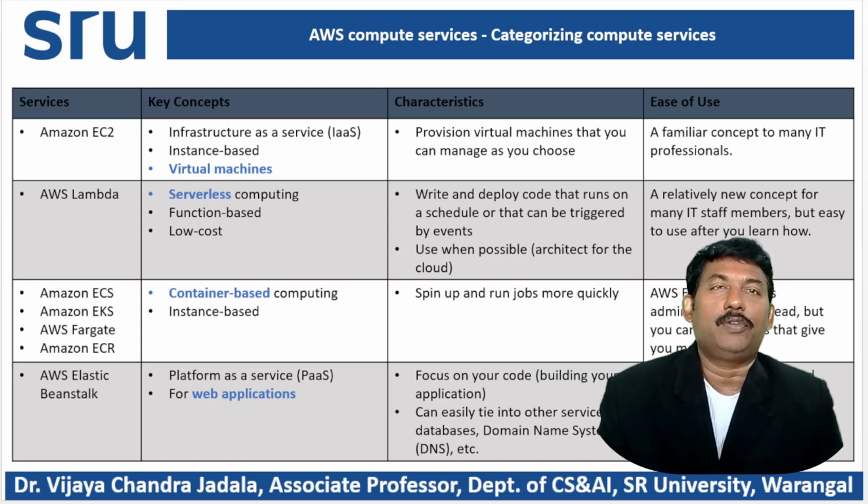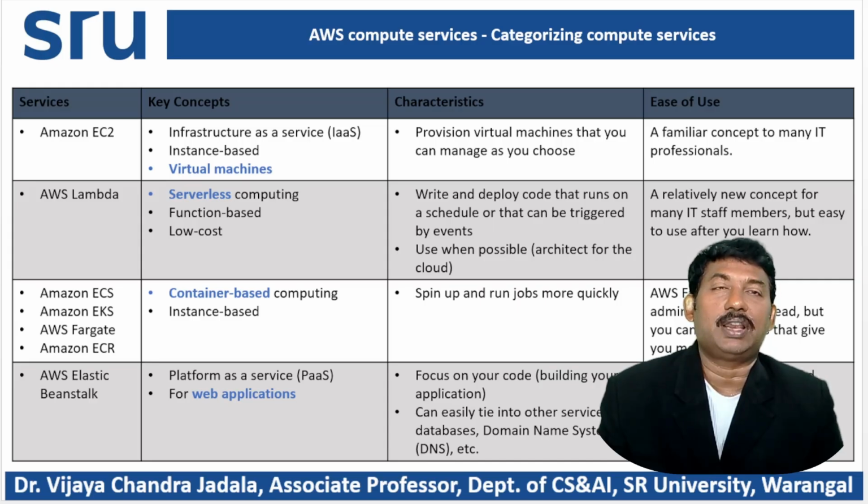As part of the lecture, I am discussing the compute services. Among them, Amazon EC2 is based on virtual machines and is instance based. Then comes AWS Lambda, which is function based, and it is serverless computing of low cost.